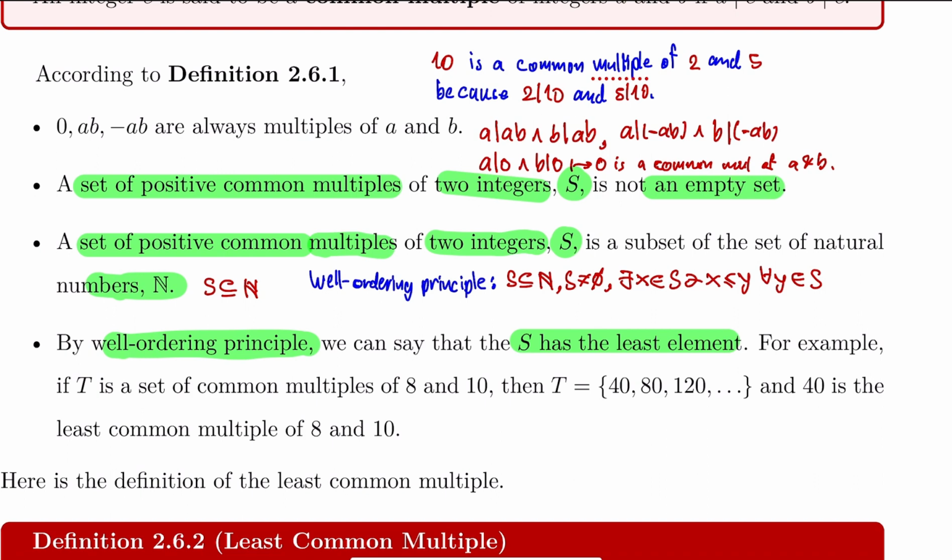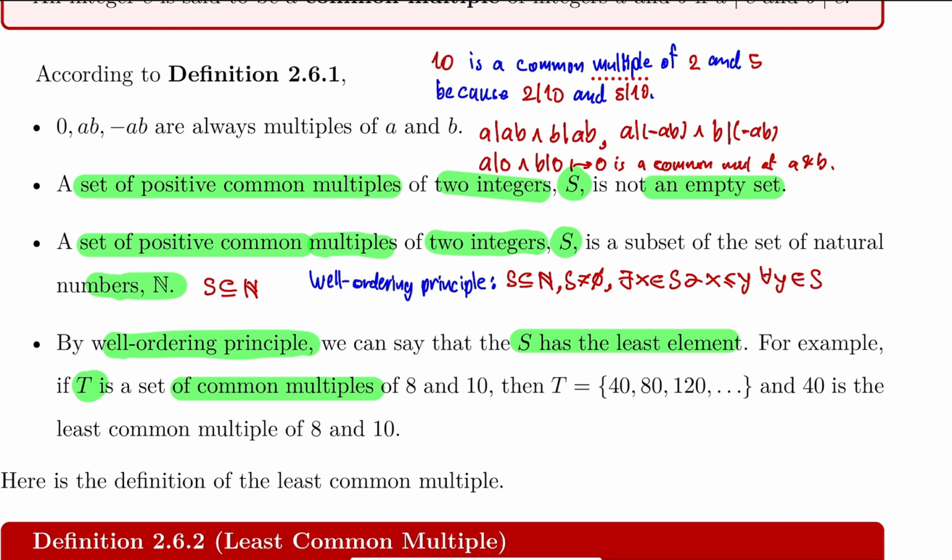For example, if T is the set of common multiples of 8 and 10, we know that the common multiples of 8 and 10 are 40, 80, 120, 160, 200, 240, and so on.